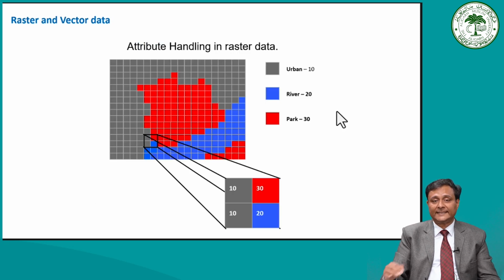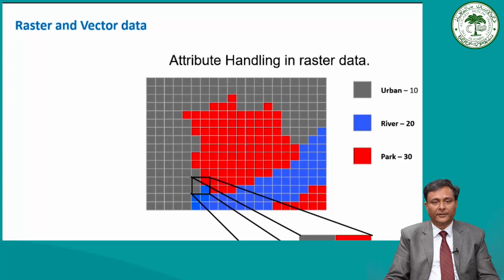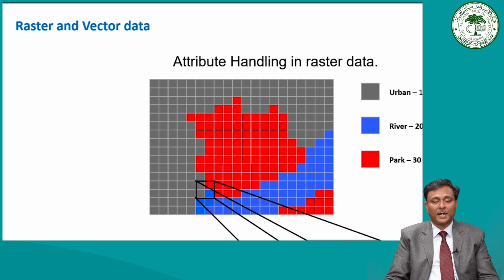Now again, this is another good example of how we can handle the attribute information in the raster data. So here there are 3 land use classes which are depicted. One is the urban area, another is the river, and the third one is the park. Now each of these land use classes is assigned a digital number, as you can see 10, 20, 30.